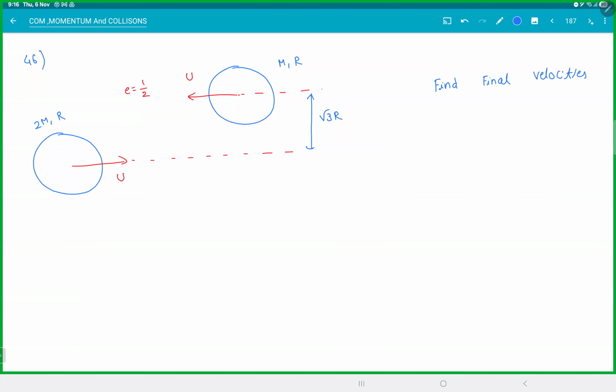What is step 1? Make them touch each other. Draw the normal. Resolve the velocities along the normal, perpendicular to the normal. Step 2, along the normal, do the head-on collision problem. Step 3, add back the perpendicular component.